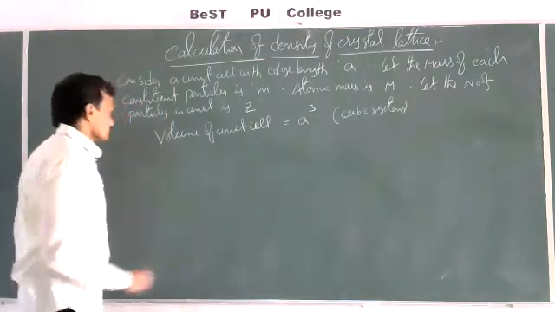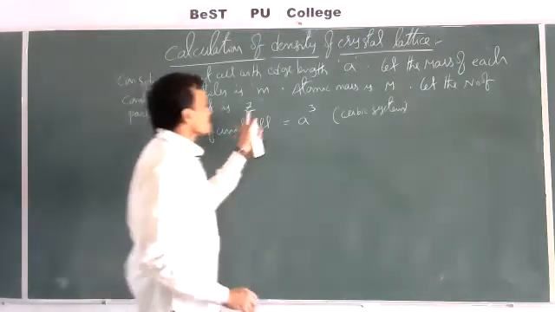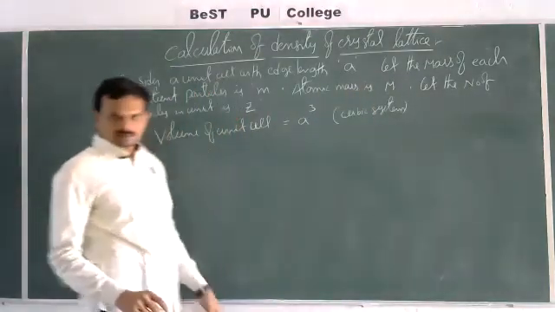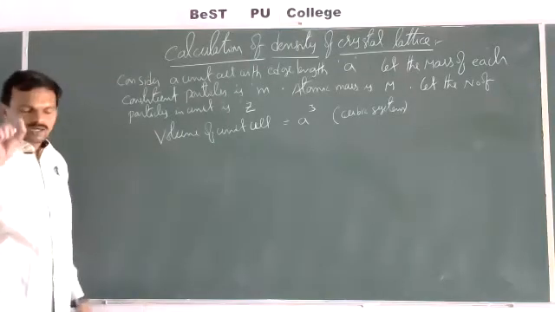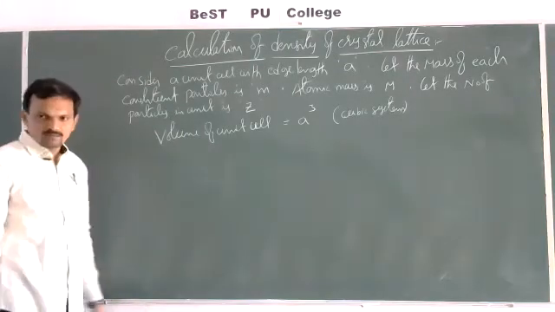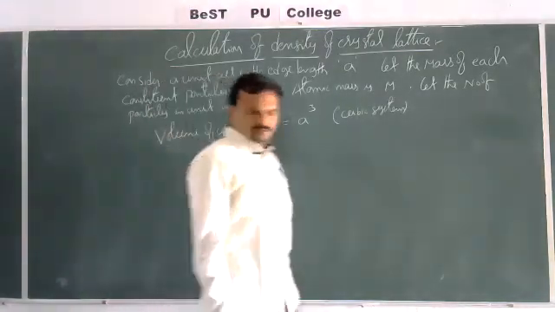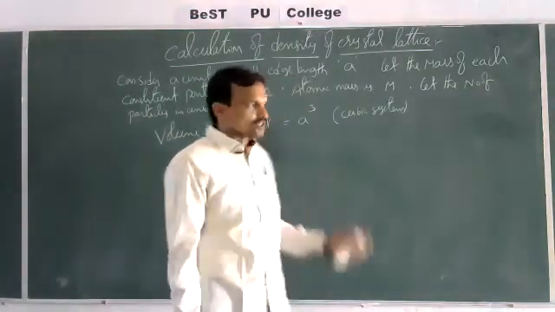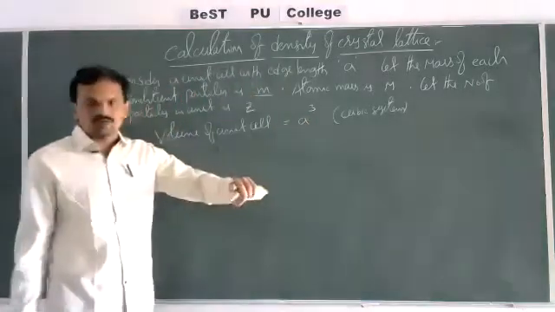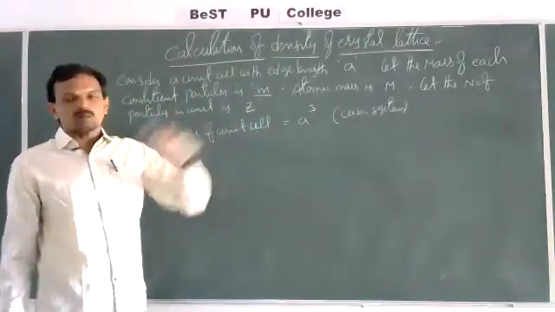Okay, right. So here we require the mass of Z particles. The unit cell contains Z particles. The mass of each particle is m. But the mass of each particle is not possible for us to remember, so I am going to convert it in terms of atomic mass.